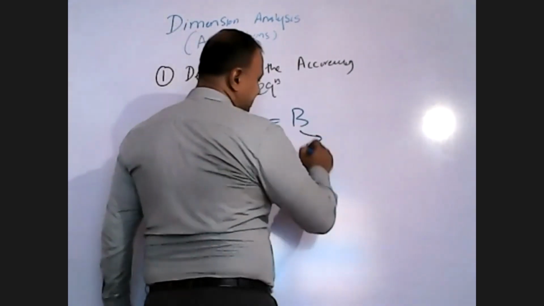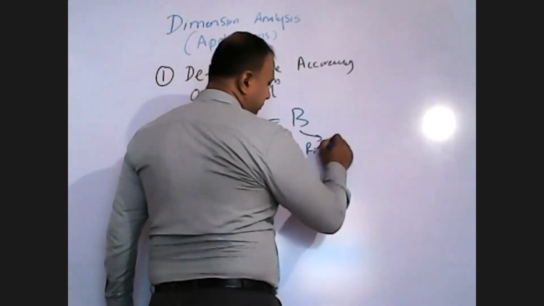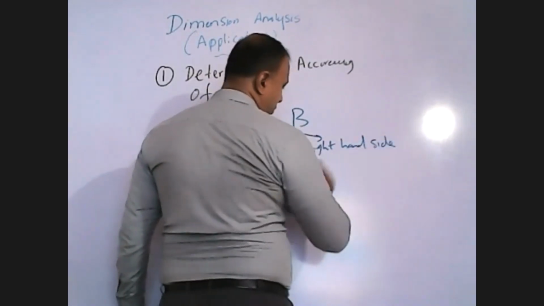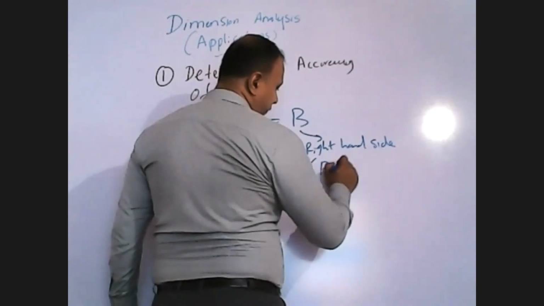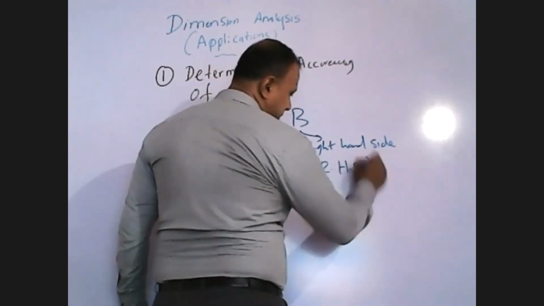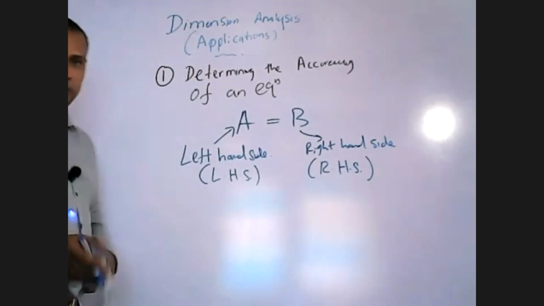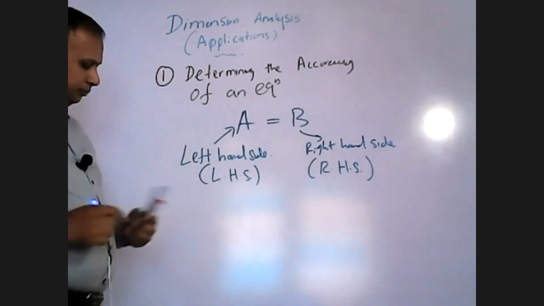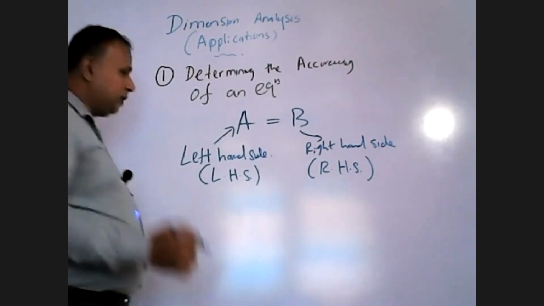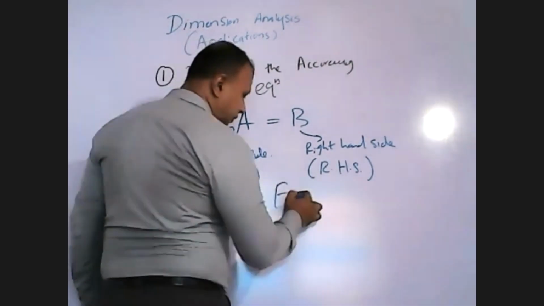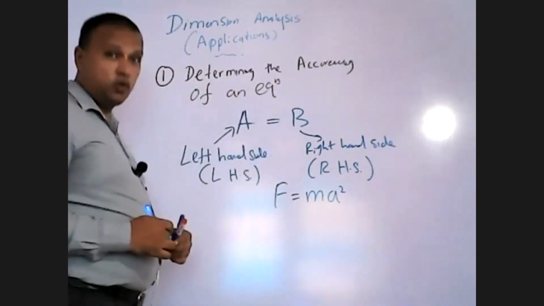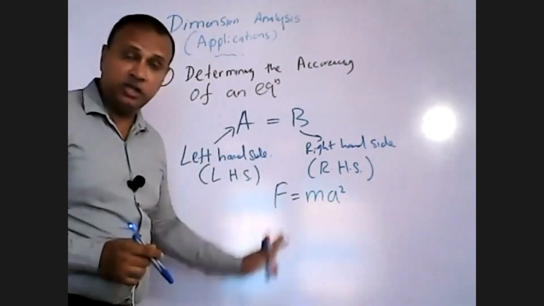Then this is the right hand side. Normally we use RHS to represent the right hand side. Suppose we are given F equals m a squared, and we are asked to determine whether this equation is correct or not.